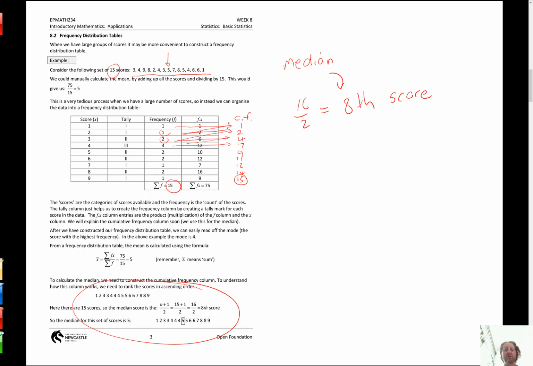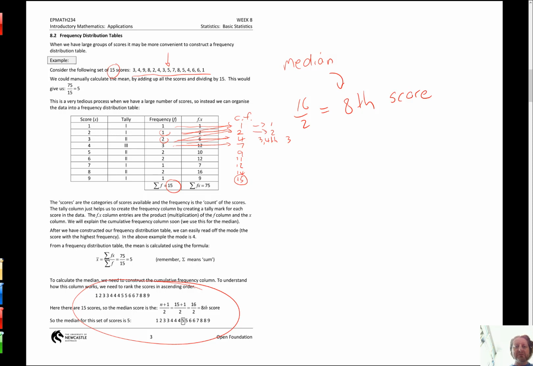Now, in what world is that useful? Let's look at what it tells us. It says the first score was a 1. Great. The second score, well, we added another 2. So the second score was a 2. And then this 4 tells me the third and the fourth scores must have been 3.